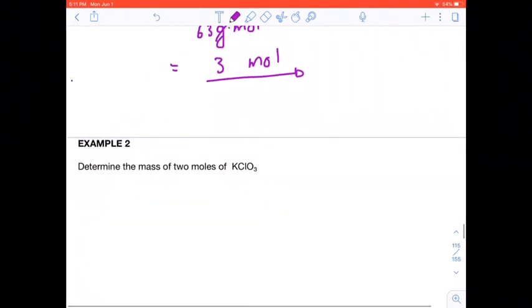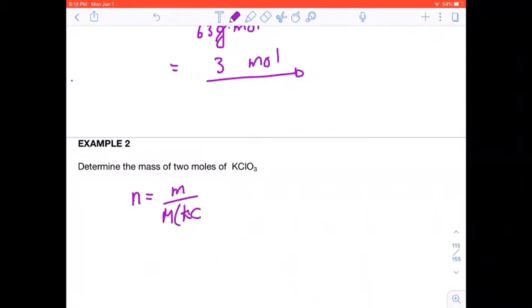Right, let's look at the next one. Determine the mass of 2 moles of KClO3. So N is equal to mass upon molar mass of KClO3.